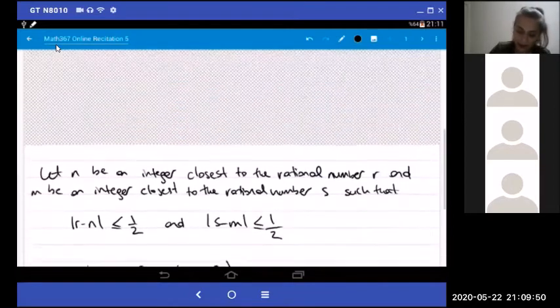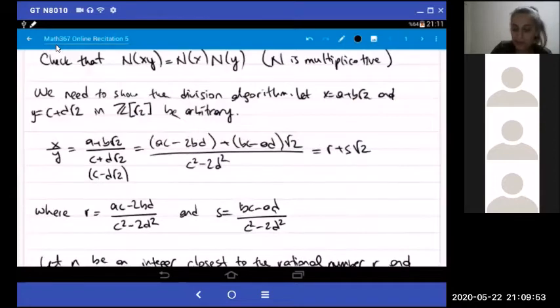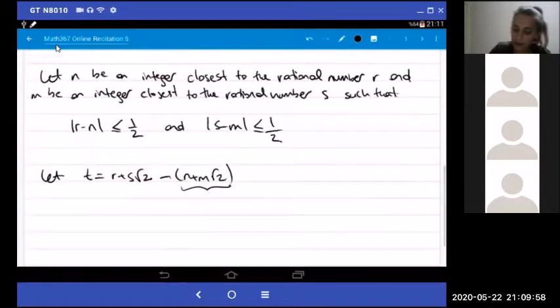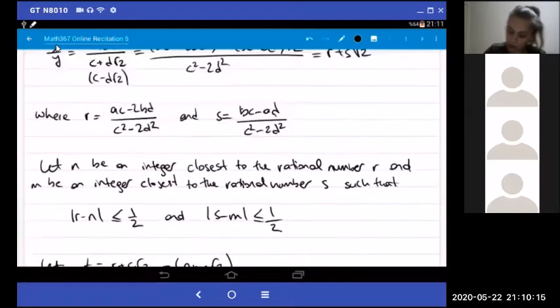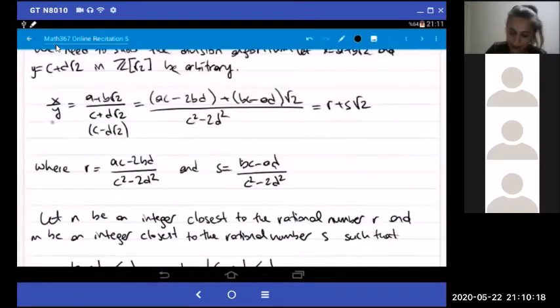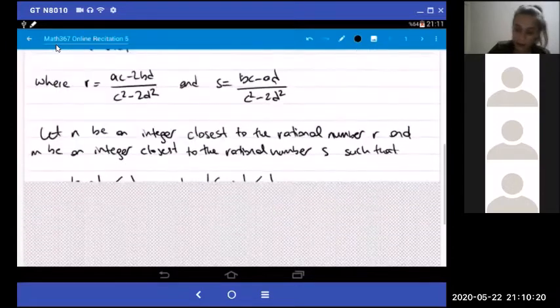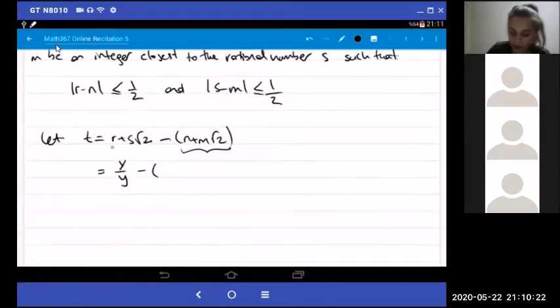So if we divide a plus b root 2 by c plus d root 2, our claim is that our remainder will be n plus m root 2. Let us expand this by using our terms x and y: x over y minus this. We've seen it here, x over y is nothing but r plus s root 2. So instead of r plus s root 2, we are writing x over y.